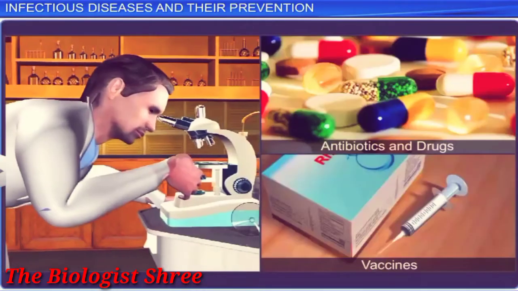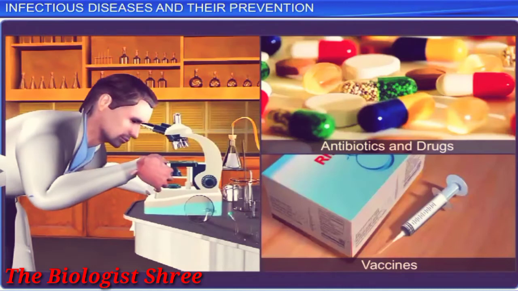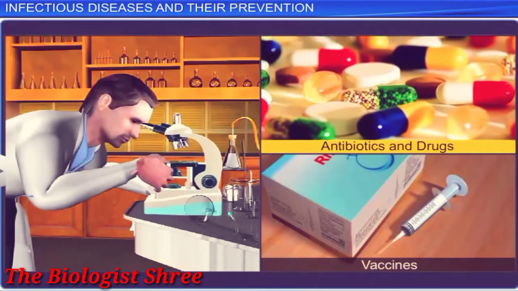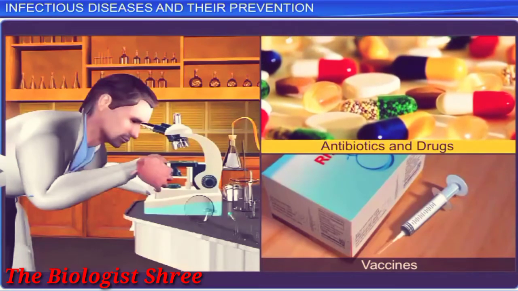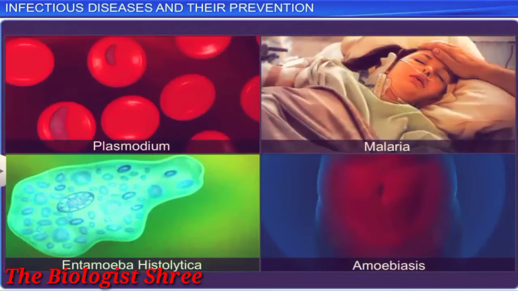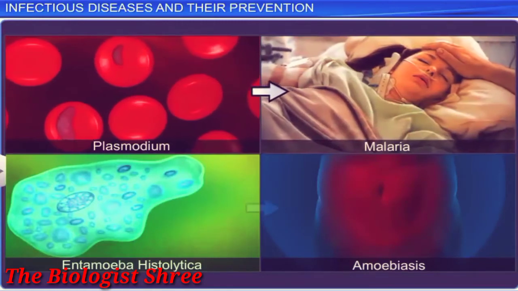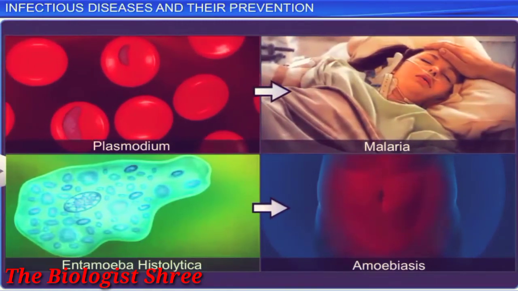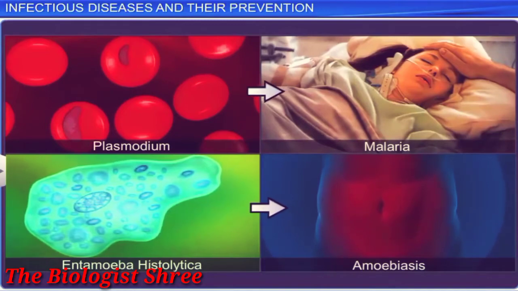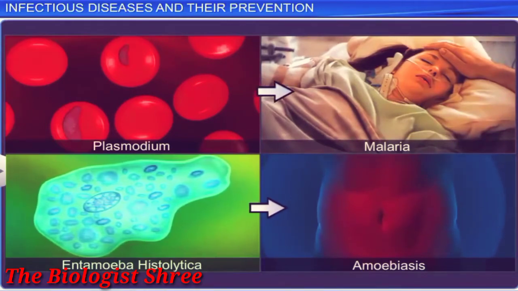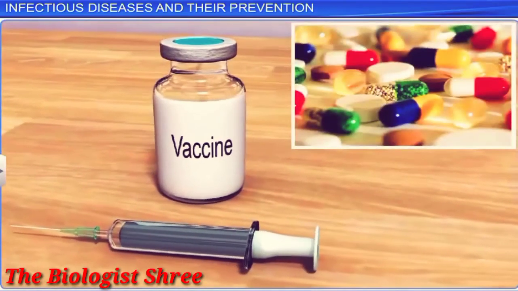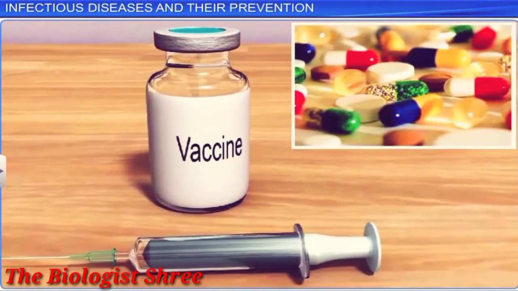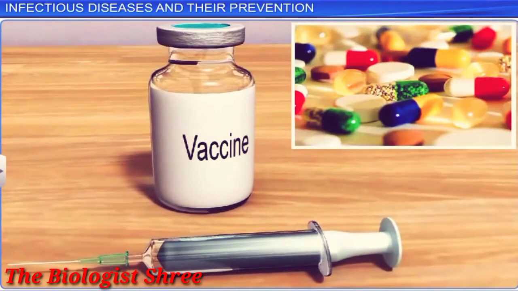With new emerging developments in biotechnology, several antibiotics and drugs have been discovered that are effectively used in the treatment of infectious diseases. Therefore, though malaria and amoebiasis are caused by protozoans, they are transmitted by vector mosquitoes. However, with careful control measures, vaccination and drugs, these diseases can be dealt with.